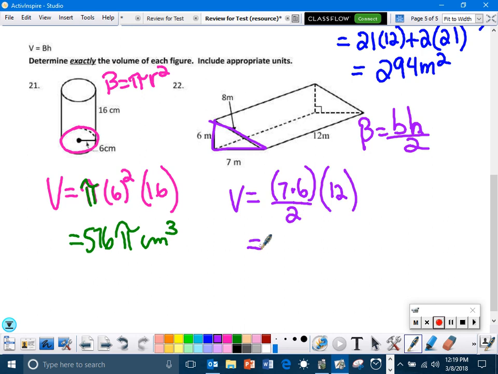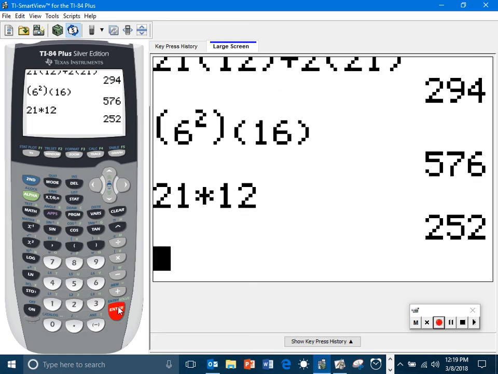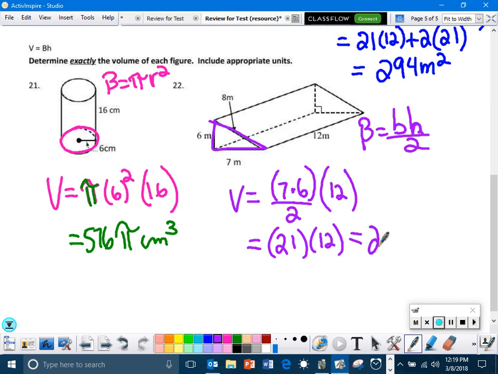Well, what we did earlier, we found out that 7 times 6 divided by 2, that is 21. So it's just 21 times 12. 252. So the volume is 252 cubic meters.